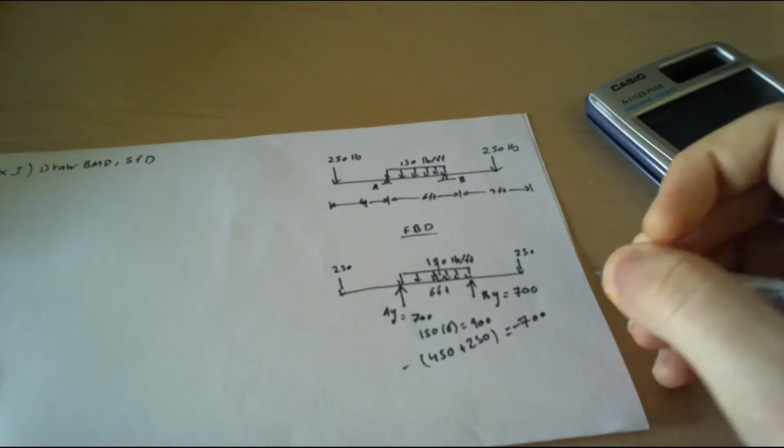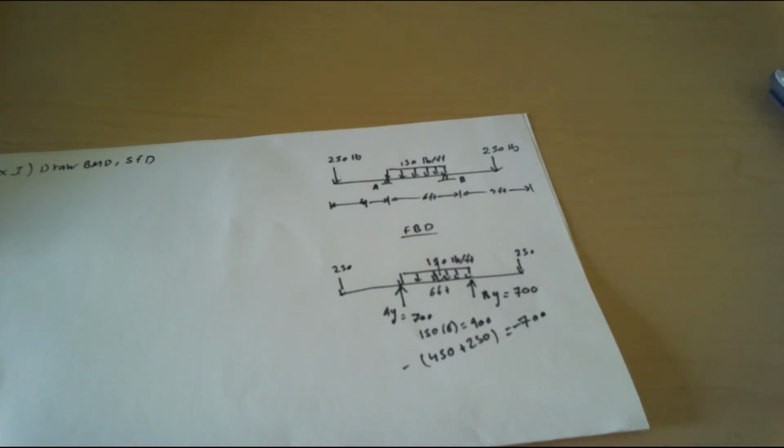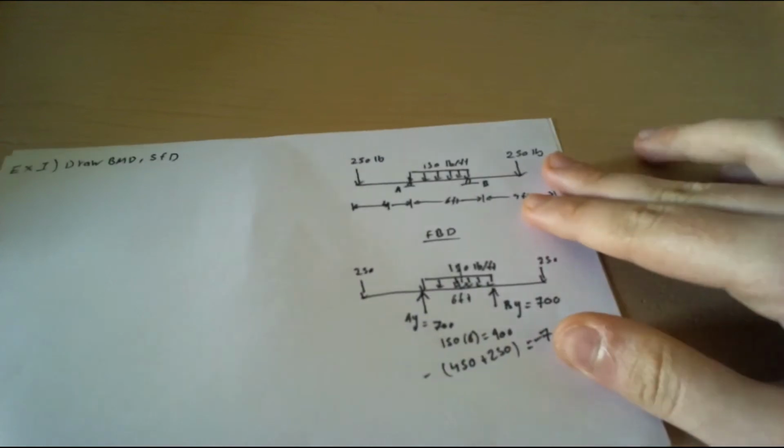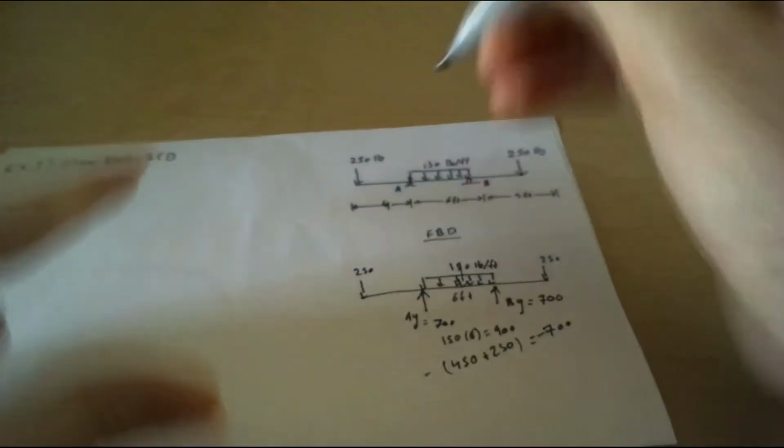Okay, so now we have to cut this into different sections to find the shear equation and the moment equation. The first cut we are going to do is from the free end right here.